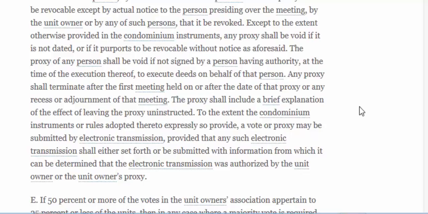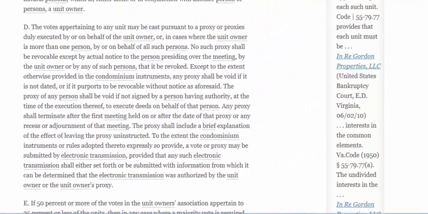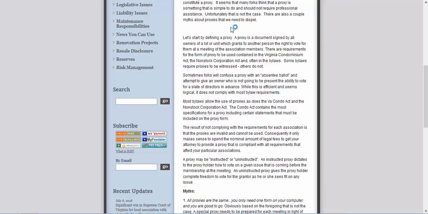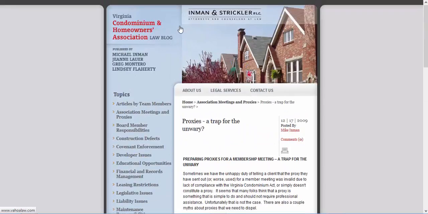Now, the second thing that it changed, or that it added to it, is the proxy shall include a brief explanation of the effect of leaving the proxy uninstructed. And what we're going to do now is we're going to switch over to another website, and I follow this website.